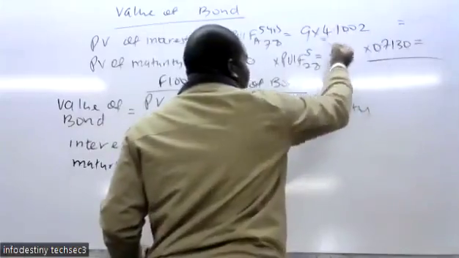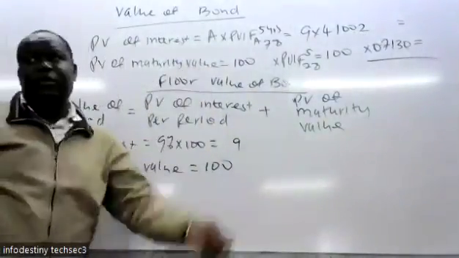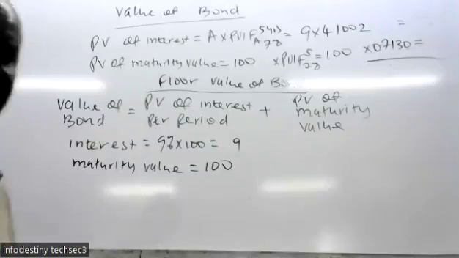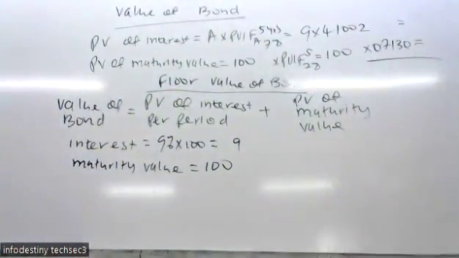You only change that one, and you get the new value for the bond. All other details have remained the same. We make it 100 because the par value was 100.